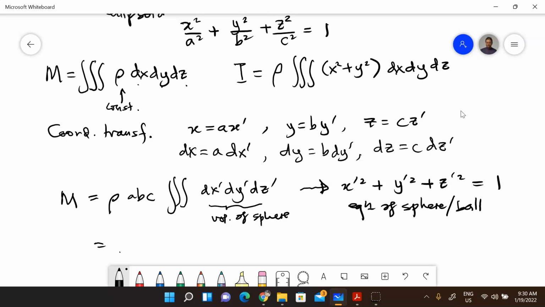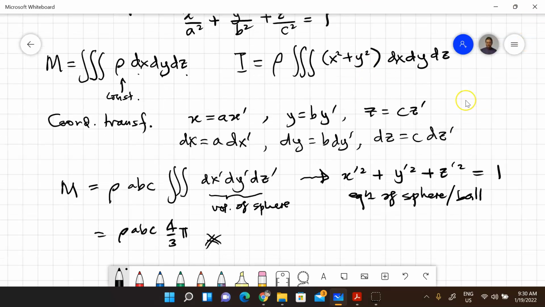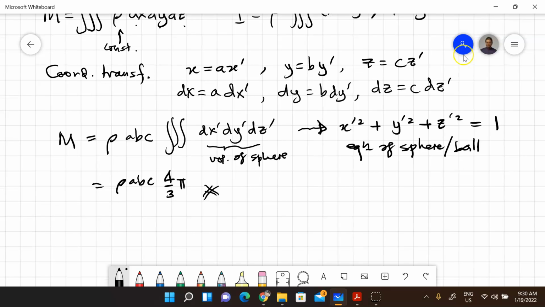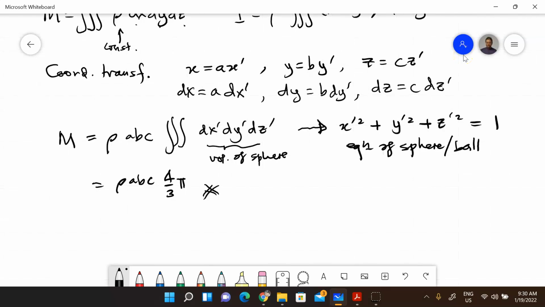We can do the calculation if we want, but we know from past experience that the volume of a sphere is 4/3 pi r cubed, and your r over here equals 1, so you get that. So we have not really done the integral because we are using the standard formula for the volume of the sphere.